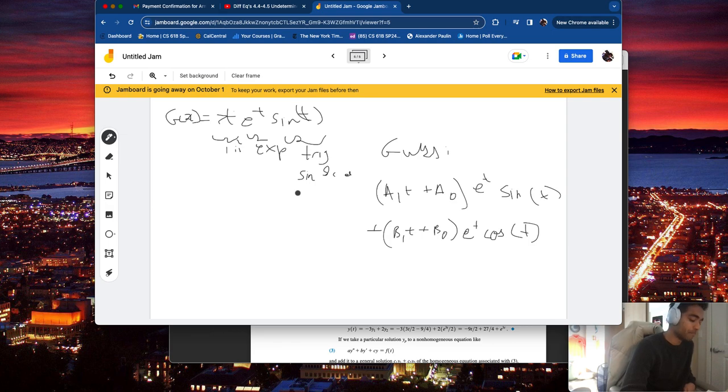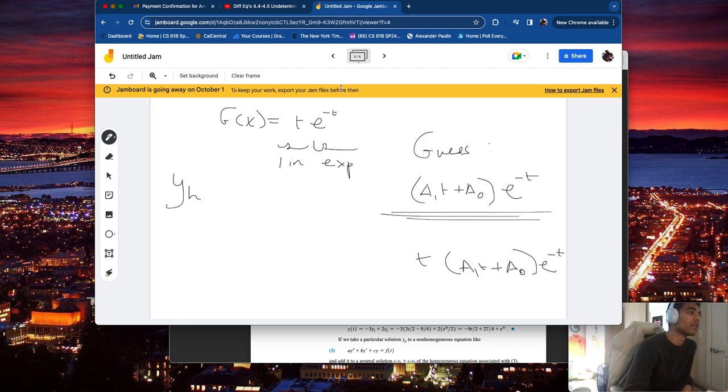Alright, so we see how this needs to look. This is our particular guess, and it looks pretty good. Based on this you can find y', y'', and then plug that in, compare, and find the constants. We know how to do that. I just explained it on this slide.